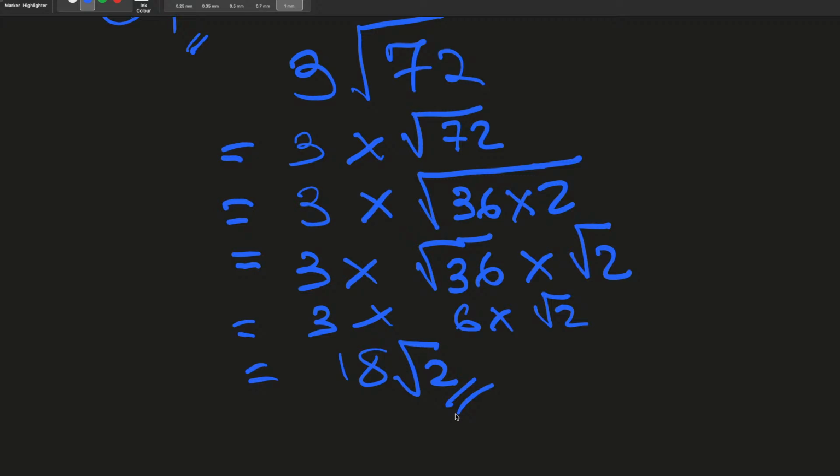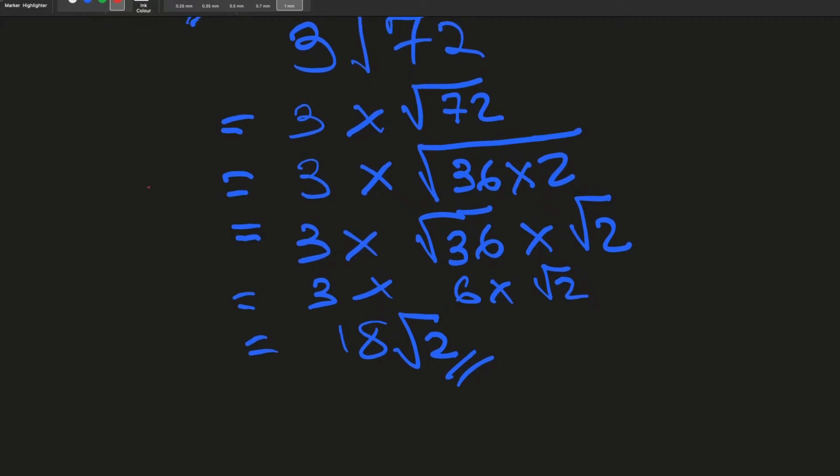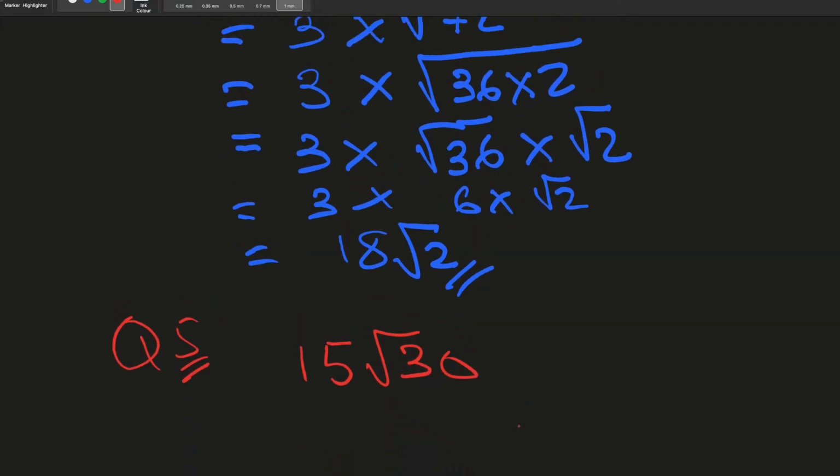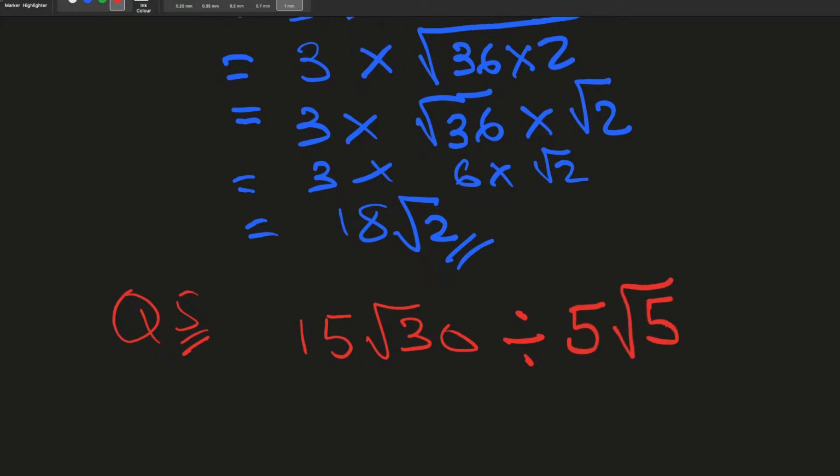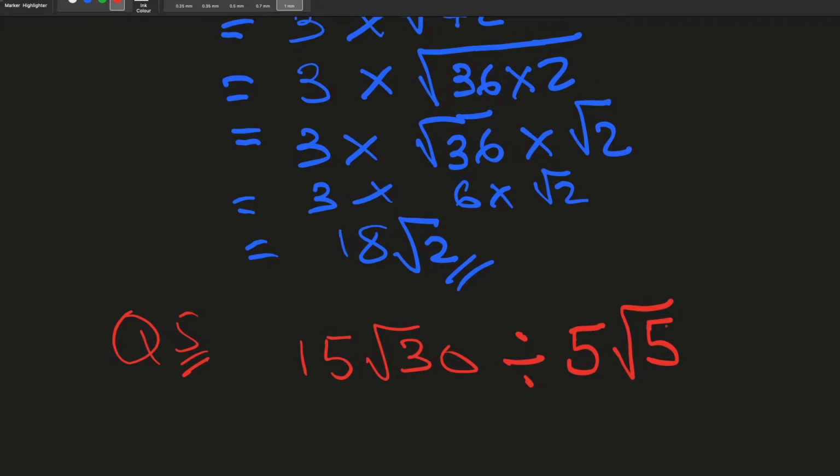Okay, question number 5 says 15 root 30 dividing 5 root 5. Oh, we have seen something like that before.